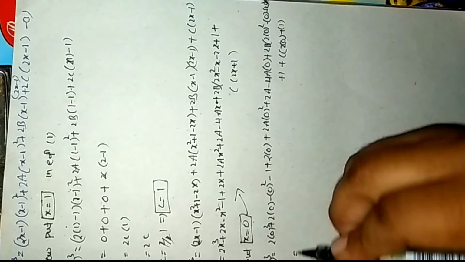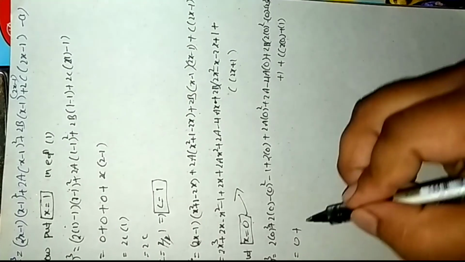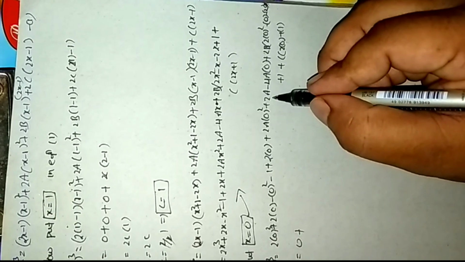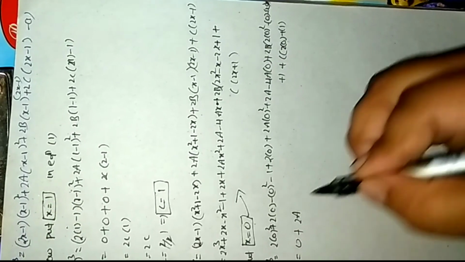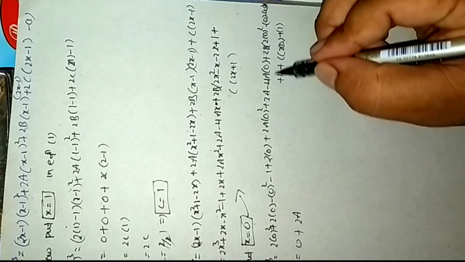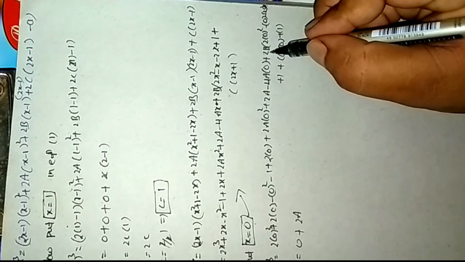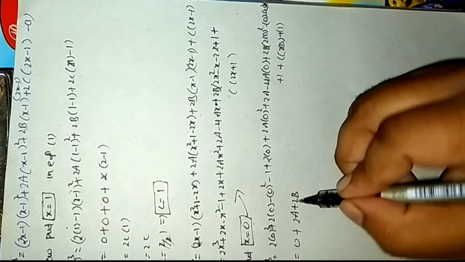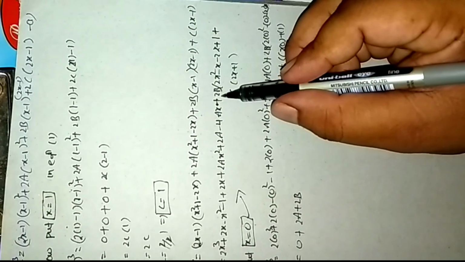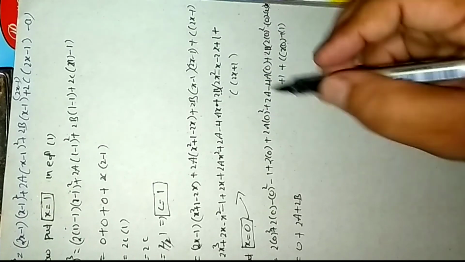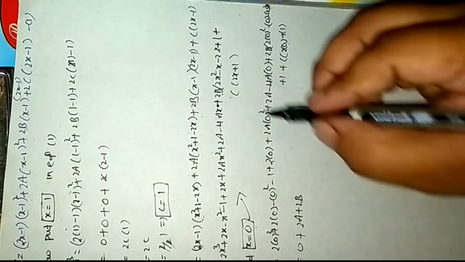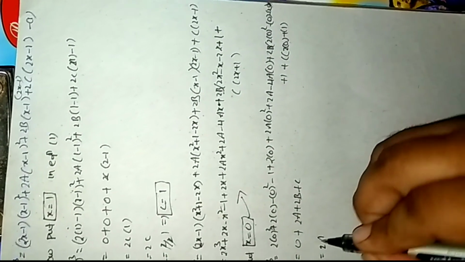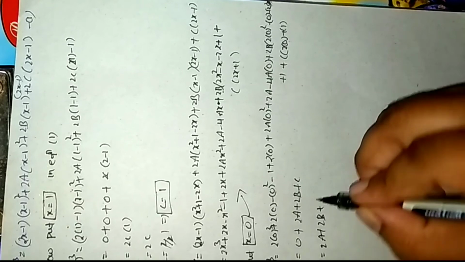So here 0 is equal to, this becomes 0 plus 2a plus 2b, here 2b into 1 is 2b, this x becomes 0, and c. So 0 is equal to 2a plus 2b plus c.